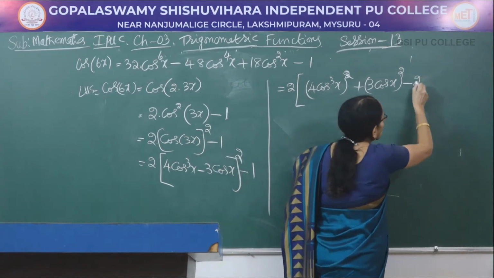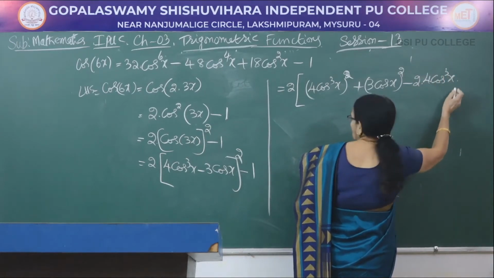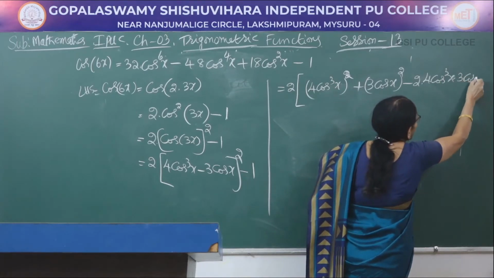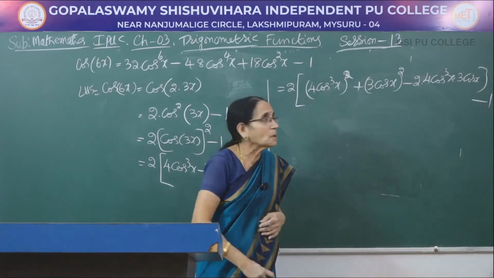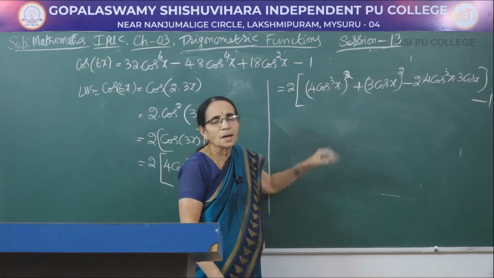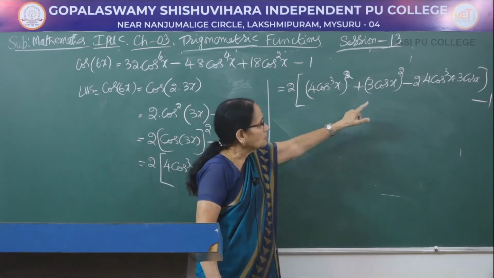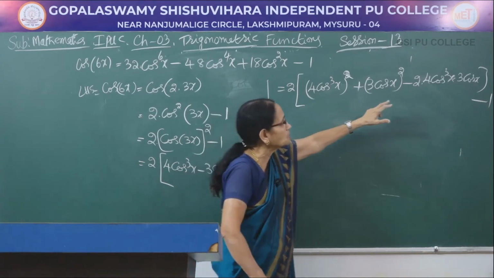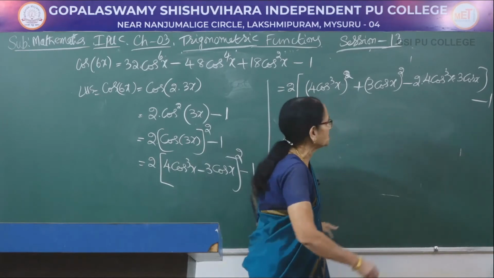It is 2 into 4 cos cube x into b means 3 cos x. Close the bracket minus 1. So I have used the formula a minus b whole square, a square plus b square minus 2 into a into b, that is 2 into 4 cos cube x into 3 cos x.